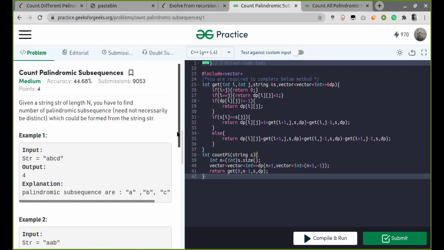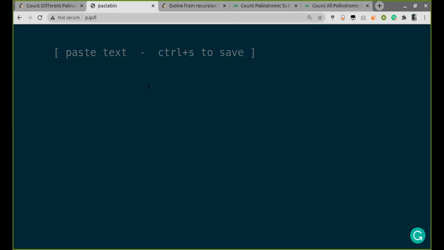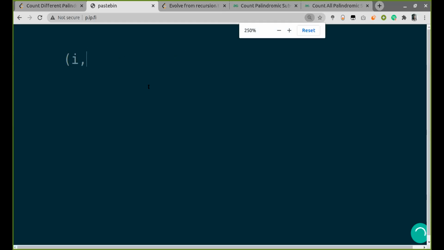Here we always start from both endpoints, since in a palindrome we just check the extreme endpoints and keep reducing our search space. So we start from the extreme endpoints, that is A and D, and compare if both characters are the same or not.